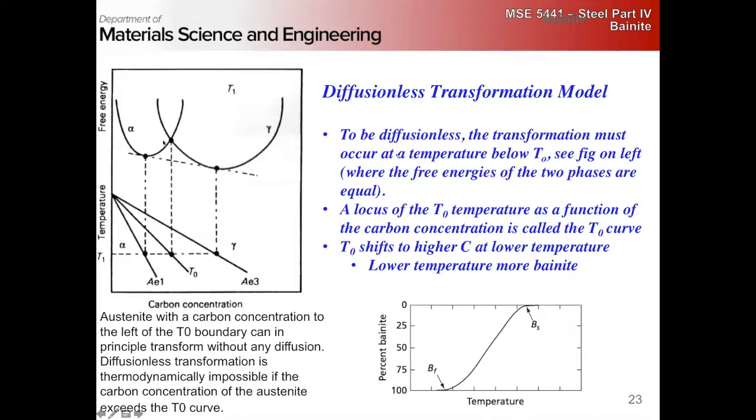So essentially what it's saying is this is the highest point on this curve where this can happen, right? And if we plot as a function of temperature this T0 line, right, we have to be transforming at a temperature below this T0 line for this to occur.